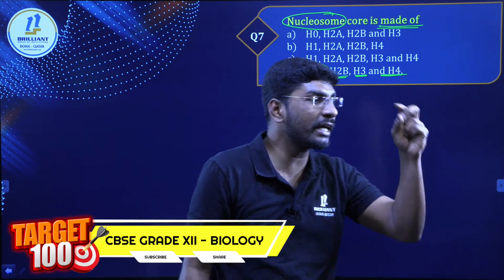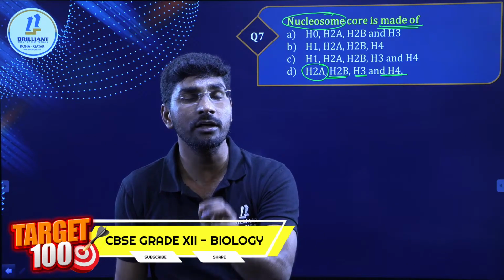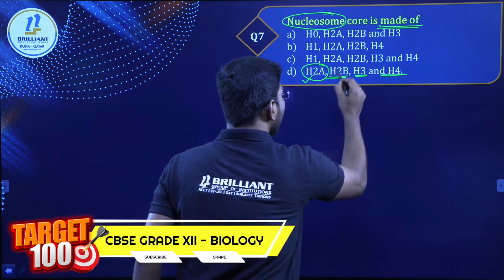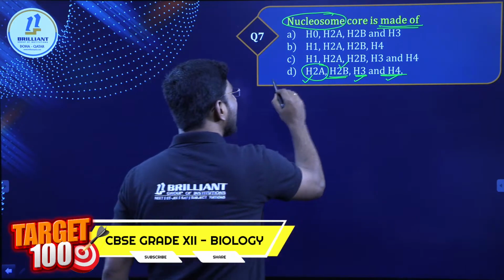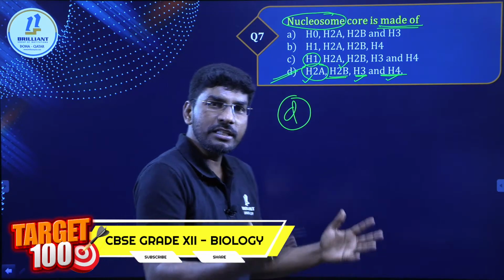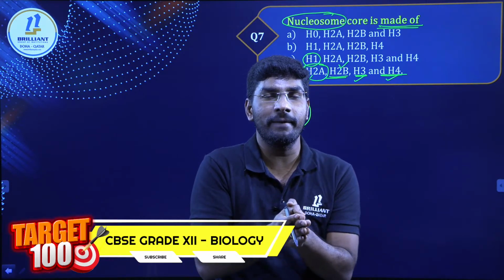So the 4 types are present in the form of 2 each, so there is an octamer. There are 4 different types: H2A, H2B, H3, H4. So what exactly is the function of H1? In NCERT, one particular protein, H1, is given.